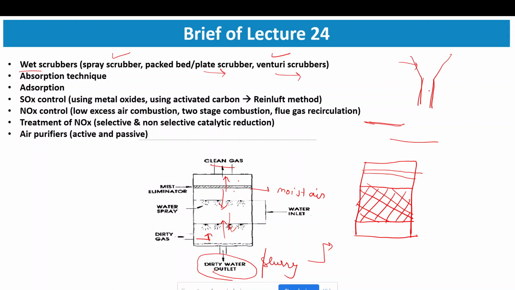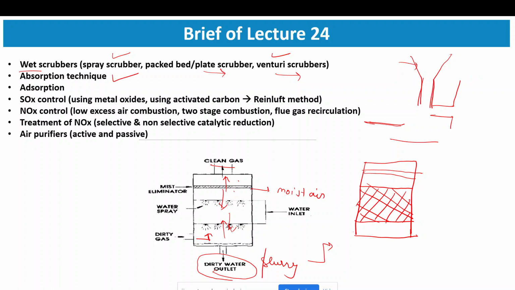After that, you insert a water stream that will collect all the particles, and later you can collect that slurry. You can also have a cyclone separator. You can separate the particles, and like a hydrocyclone, you can use that.